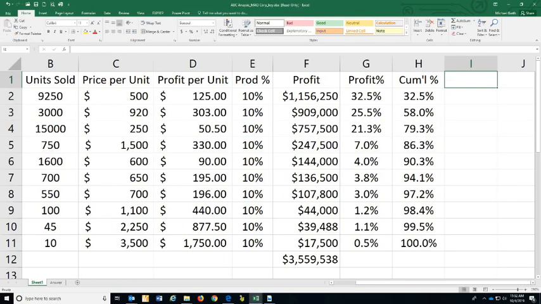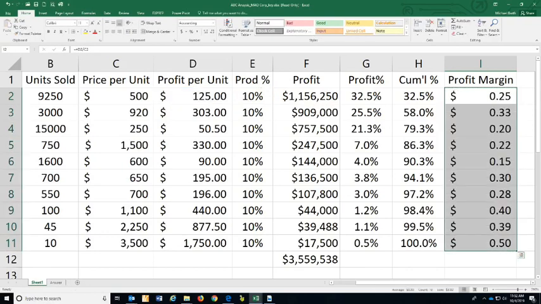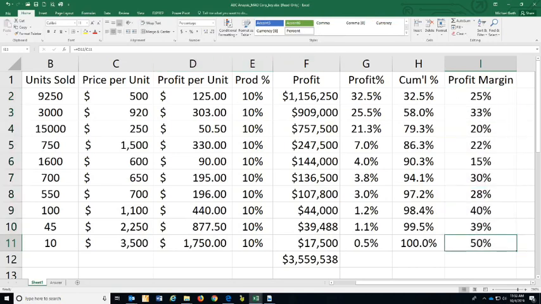All right, so the profit margin on our 10 stock keeping units, profit per unit divided by price per unit, what we can see is some things make more money than others. All right, so wow, look at this.